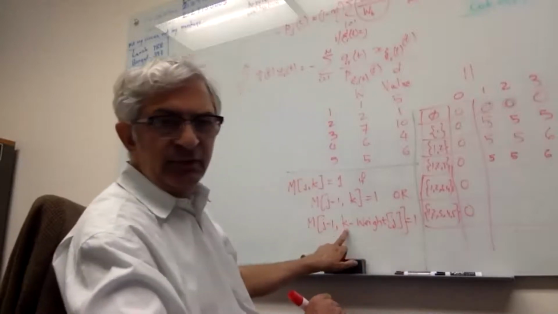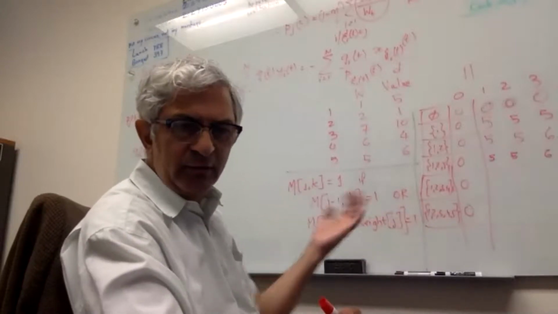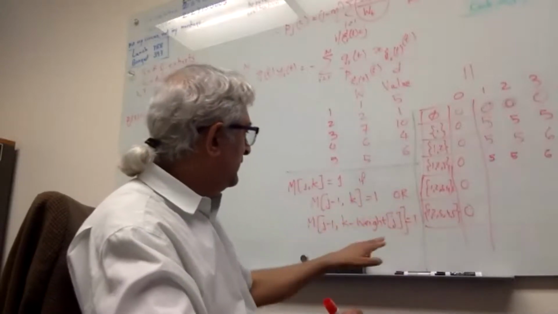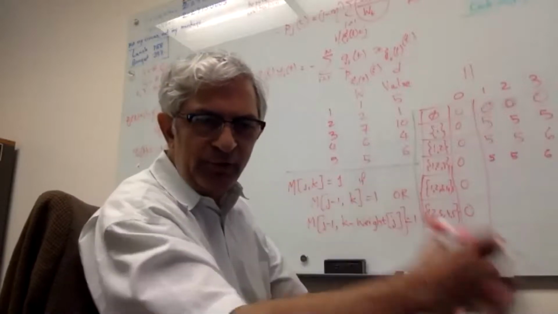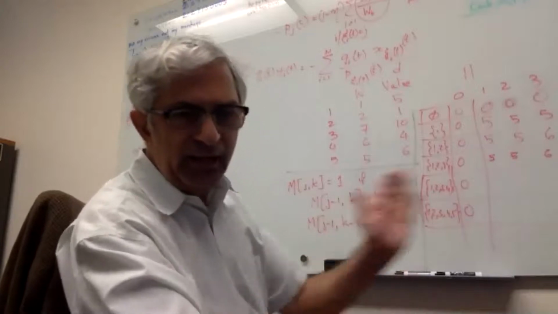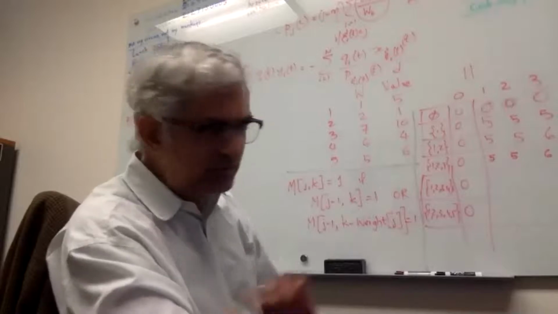So this says if in the previous row, if you go weight of j columns prior, if that is a 1, then I could throw in the jth item. Its weight would be exactly this difference, and I would achieve exactly weight k. Is that clear? This is what I had before.